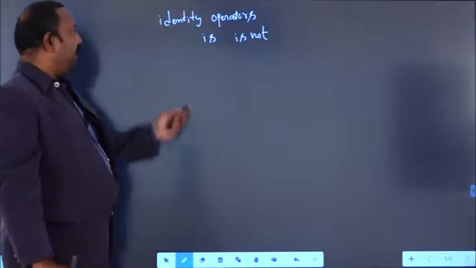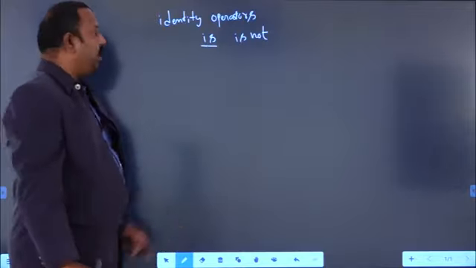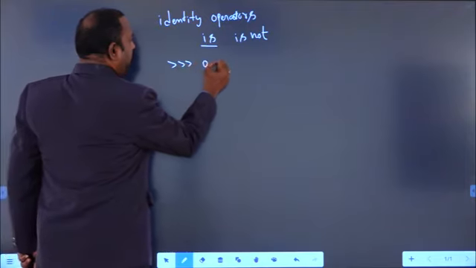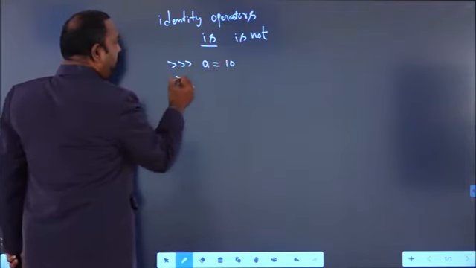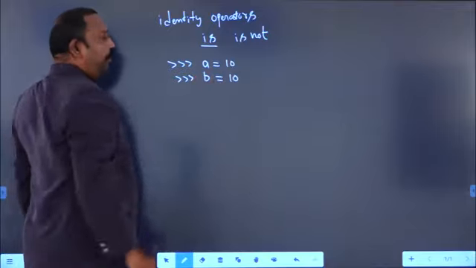The is operator will compare the address of the two operands. For example, I have written A equal to 10 and B equal to 10.